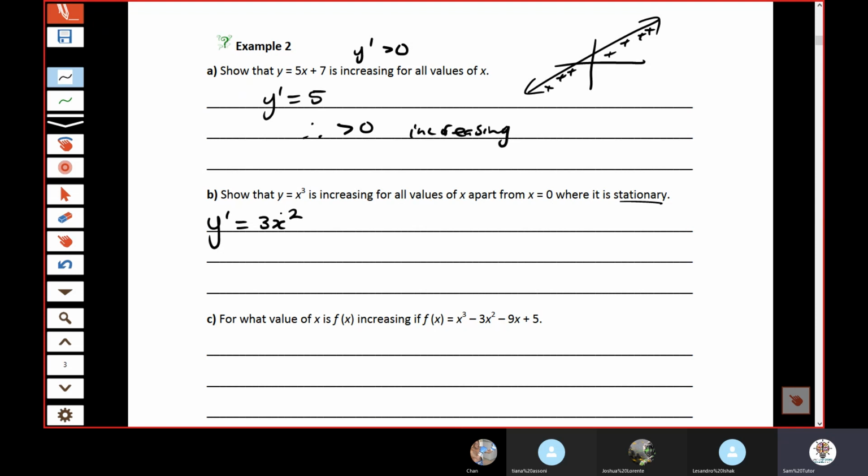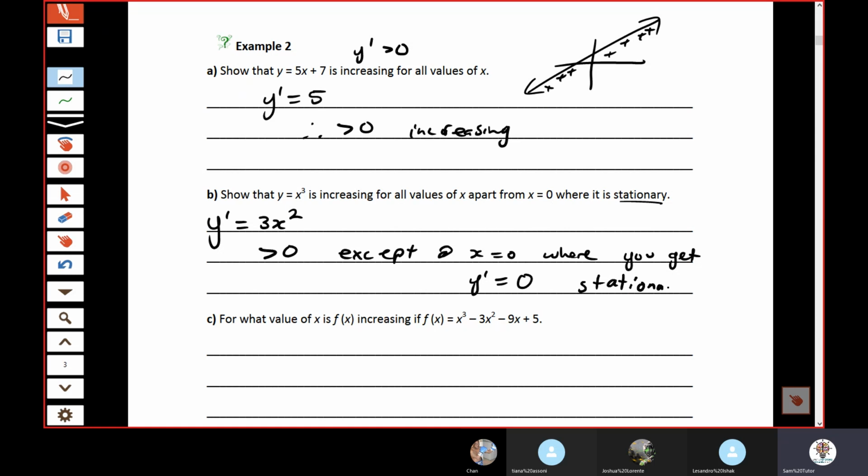So this is technically always greater than 0, for every number except what? Except at x equals 0, where you get y dash equals 3 times 0, which is 0. And what happens when y dash equals 0? Done, I think we're getting this.